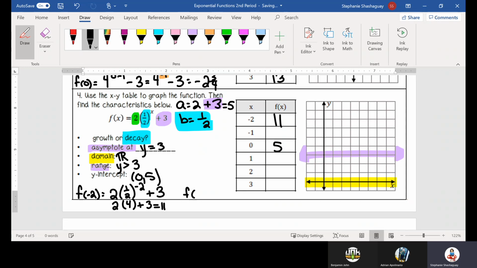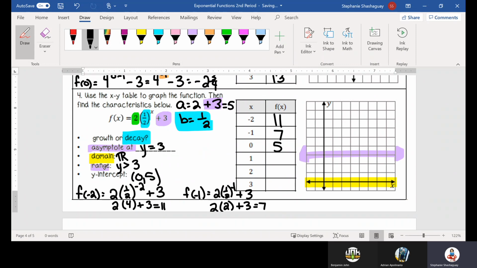Then you're going to find f of -1, and that's going to be 2 times 1/2 to the -1 power plus 3. 1/2 to the negative 1 power is going to become 2. 2 times 2 is 4, plus 3 is 7.